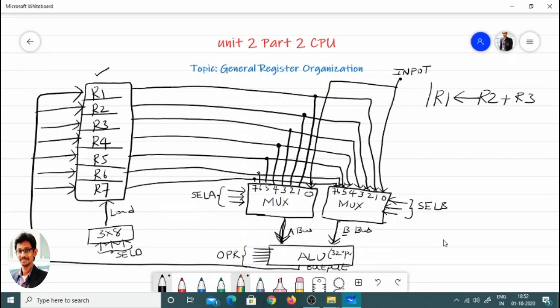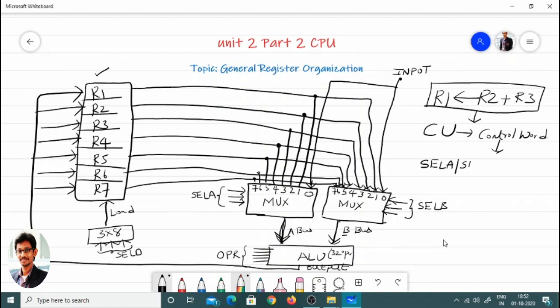How is this particular operation performed by this CPU using general register organization? Let us see. For this particular operation, the control unit will generate a control word. Now this control word is a collection of the following: SELA, SELB, SELD and OPR.